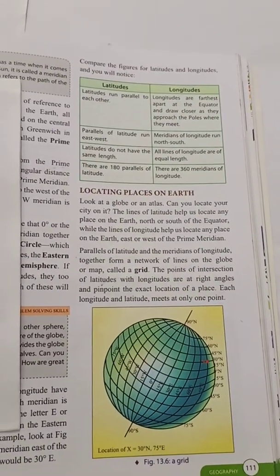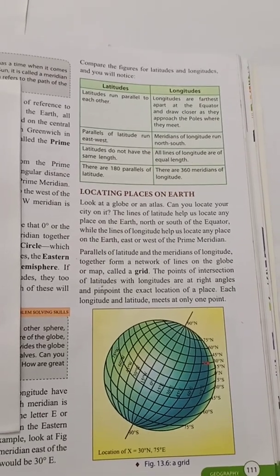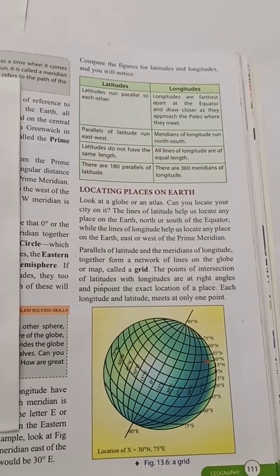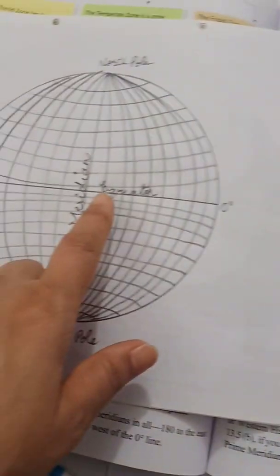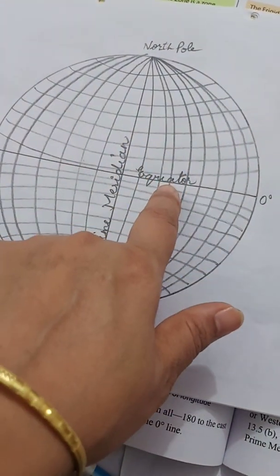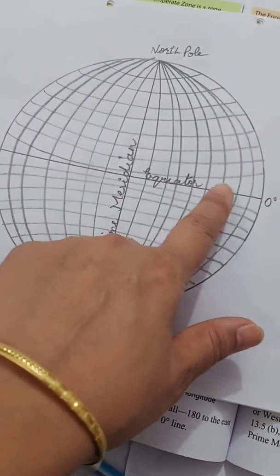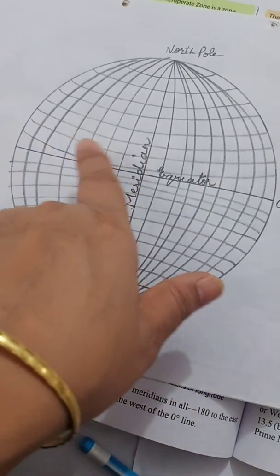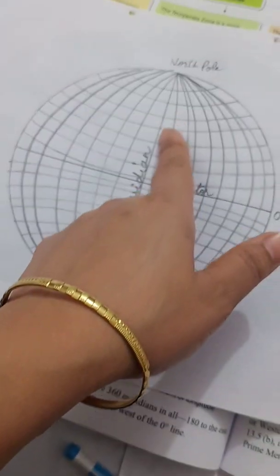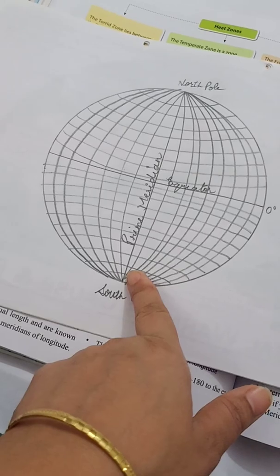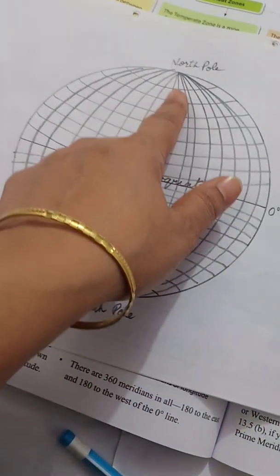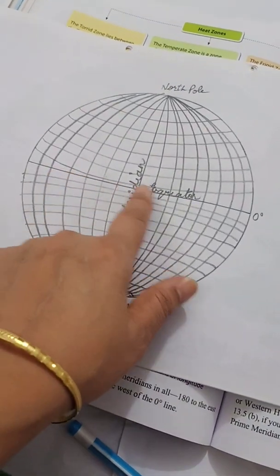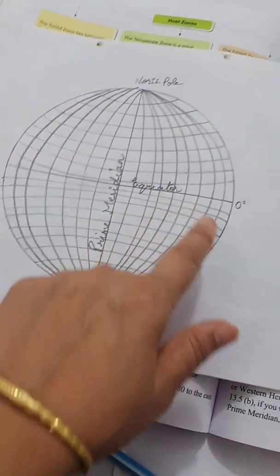Now look at the globe or an atlas. Can you locate your city on it? The lines of latitude help us locate any place on the earth, north or south of the equator. The equator is the line passing through the middle of the earth. For longitude, the main line is the prime meridian. The prime meridian is the main line for longitudes, and for latitudes the equator is the main line.